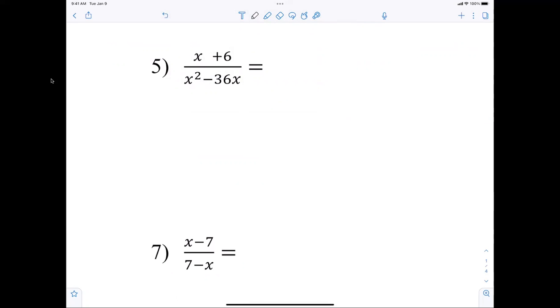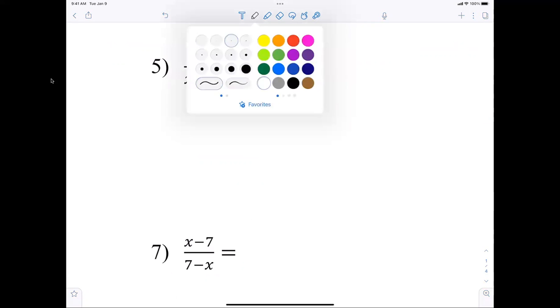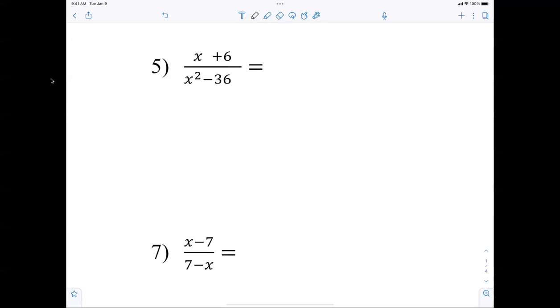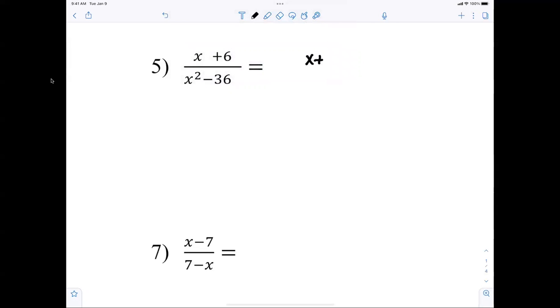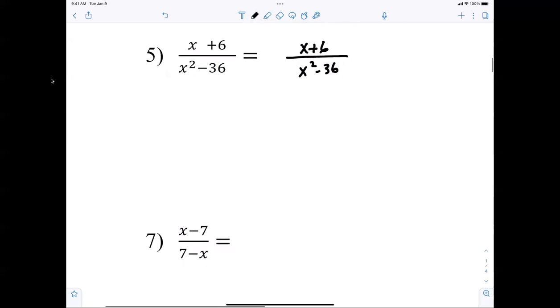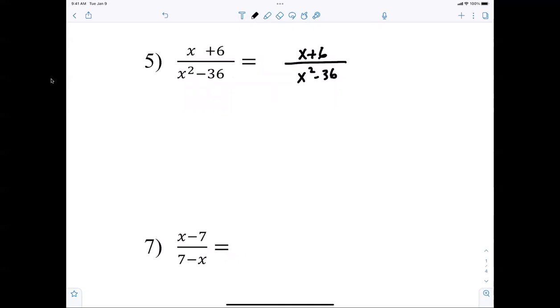So here, just rewrite it for me as x plus 6 over x squared minus 36. So just change that.